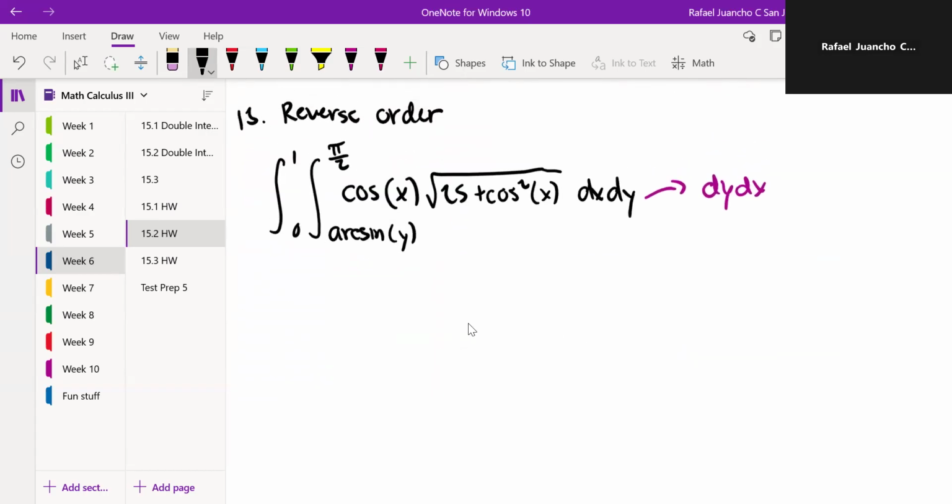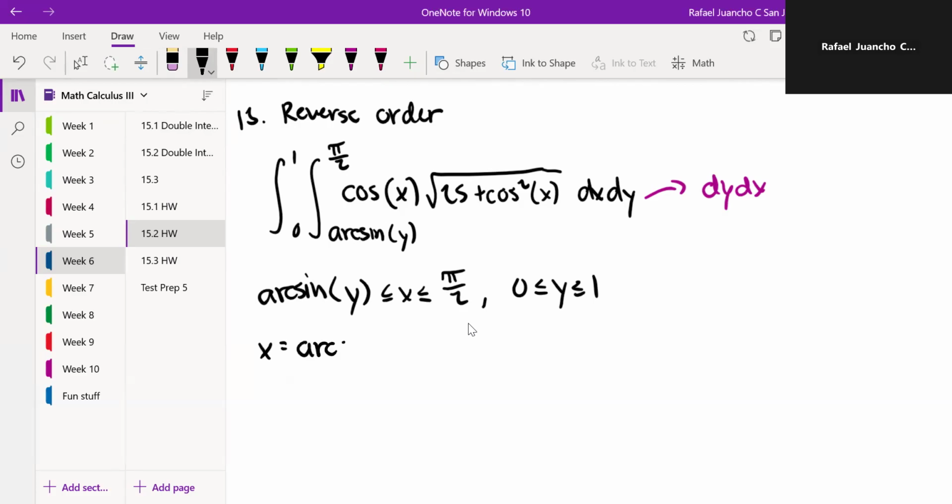So again, I label my bounds. So this one's in terms of x, I think. Yeah. So this is arcsine y. So these are my bounds of x. These are my bounds of y.